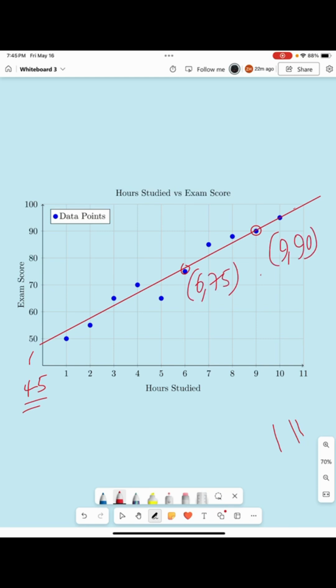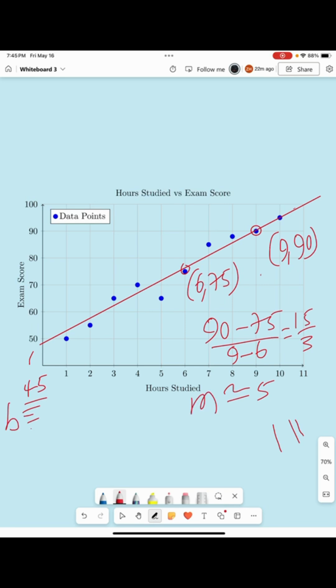So we can determine the slope from this. 90 minus 75 divided by 9 minus 6, which is 15 over 3, which is close to 5. So that means you have determined the slope m and the y-intercept b. That means the equation for this line could be represented as y equals mx plus b, which is 5x plus 45. This is an approximate equation that you have developed by passing a line.